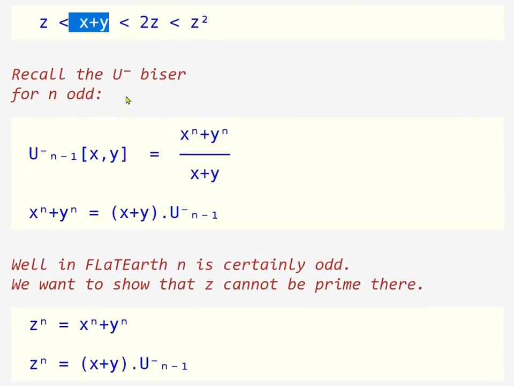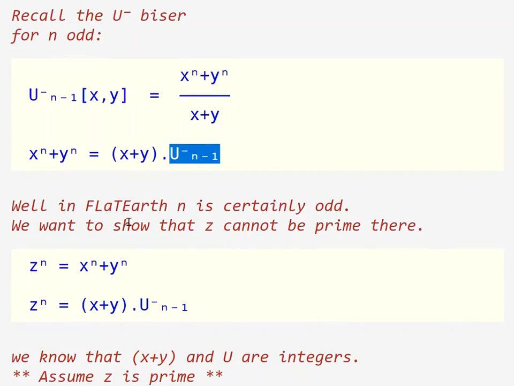Remember the unique Biser. Rearranging, we have x to the n plus y to the n equals x plus y times the unique Biser. In flat Earth, n is certainly odd, so we can use this Biser. z to the n equals x to the n plus y to the n.